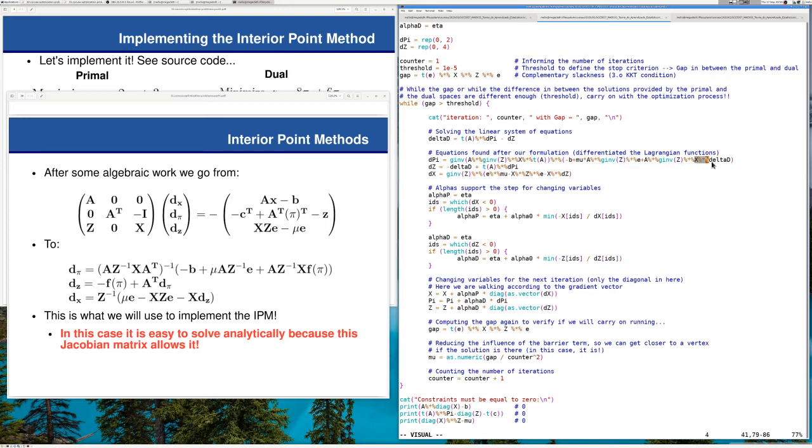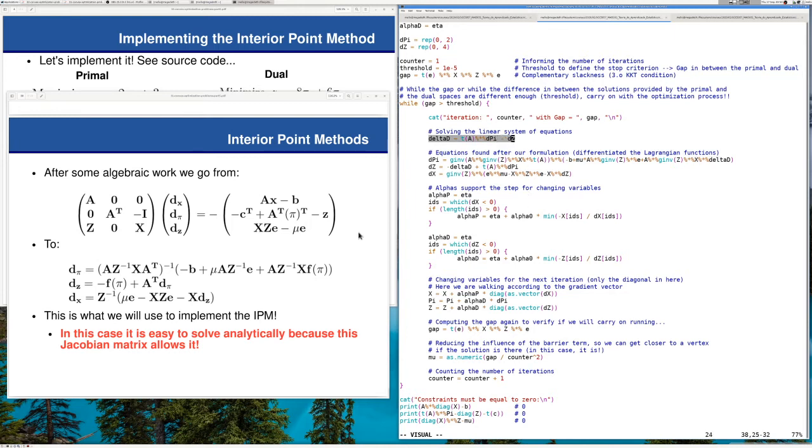X, and something that I called F of pi, I just decided to call it delta D over here. And delta D is defined here. Take a look.